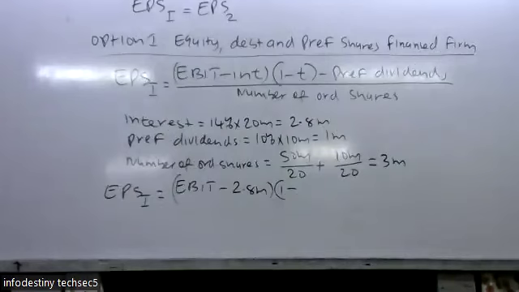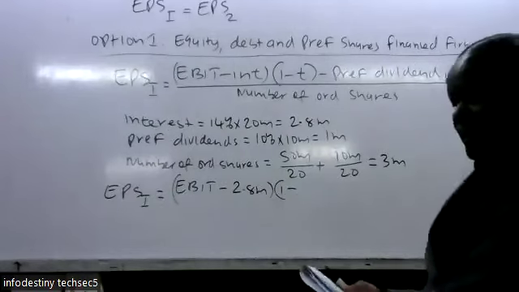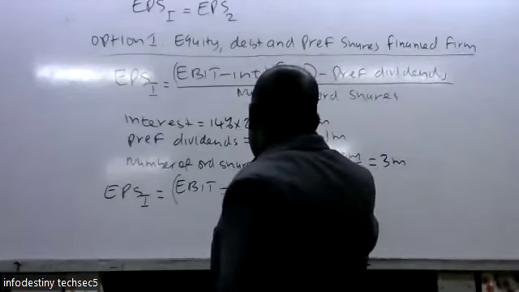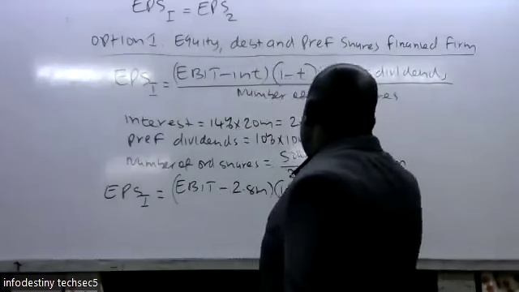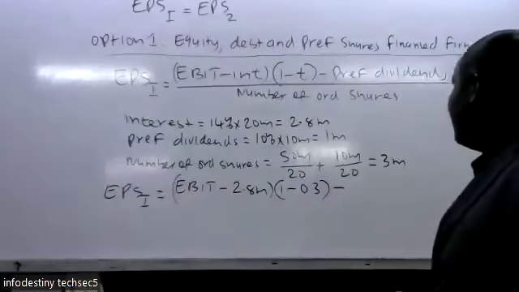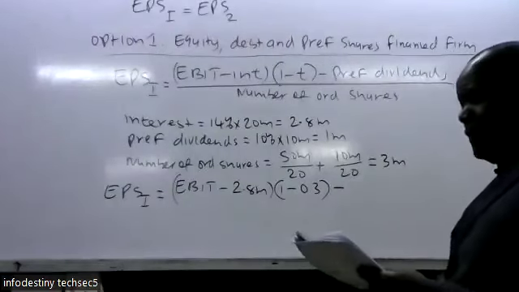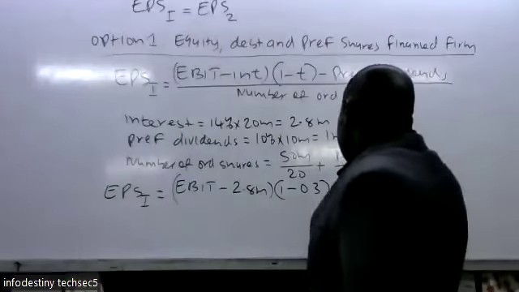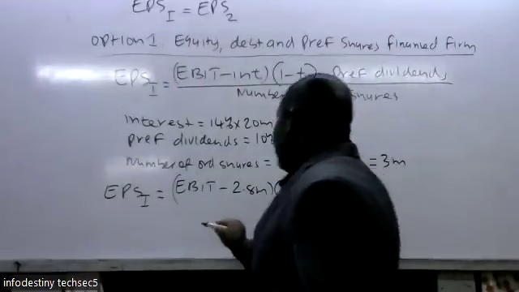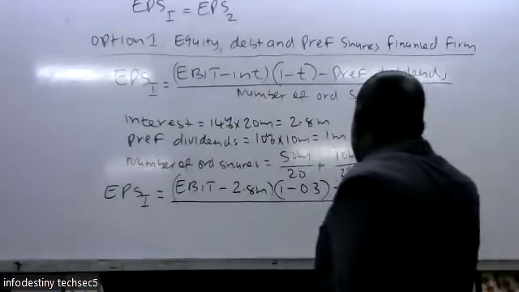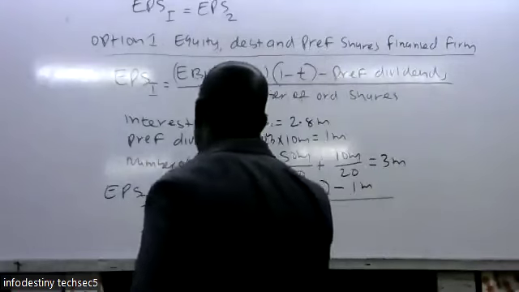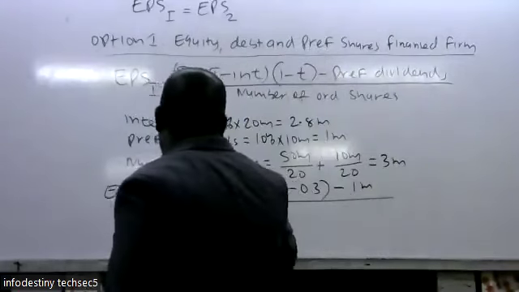They gave us what percent? 30%, which is the same as 0.3. Then now we subtract the preference dividend. Preference dividends, we have calculated it is 1 million. Then we also divide by the number of ordinary shares, which you have seen around me.